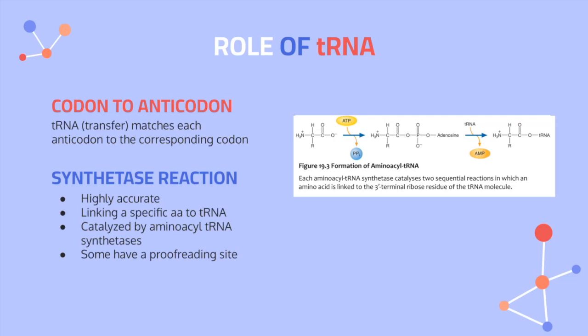And this is because the amino acid tRNA synthetase sometimes has proofreading sites, which allows it to correct certain mistakes it might have made. So we can see in this figure that the synthetase reaction occurs in 2 steps. First we have the amino acid combined with ATP, and then from there it will lose the ATP and instead combine with tRNA.